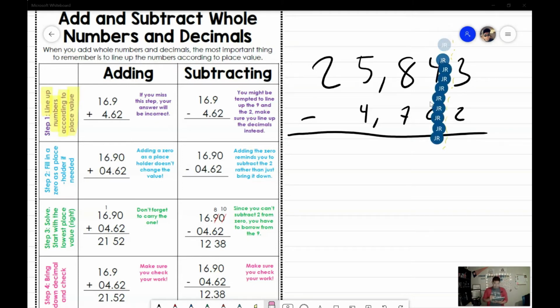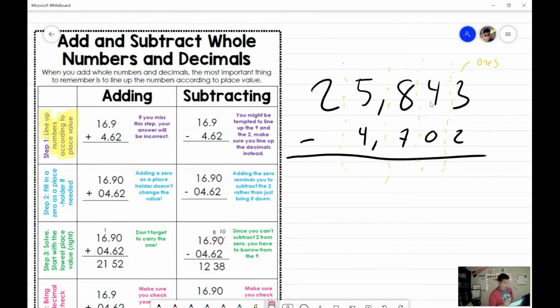So I'm drawing my lines, making sure everything is lined up, okay? So here we have the what? The ones, good. Okay. Here we have the tens, okay? Next, which is what?